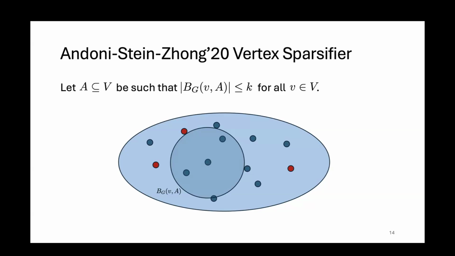We will choose k later, but you should think of k as like some large subpolynomial factor, which will roughly be the size reduction if we go from V to A as well.